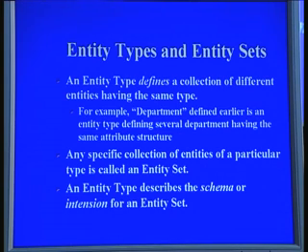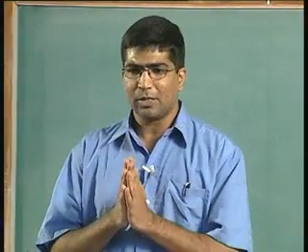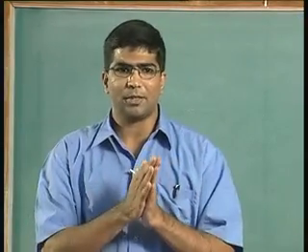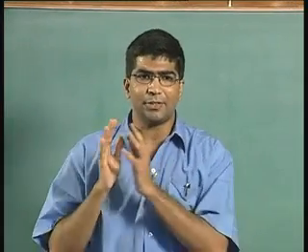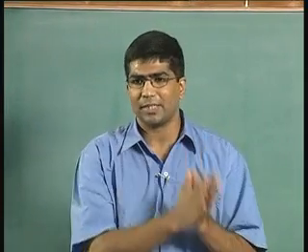Now any specific collection of entities of a particular type is what is called an entity set. For example, if we take the supplies department plus the accounting department, and we take both of them in some collection, we call this an entity set. These are 2 different departments of the same entity type.